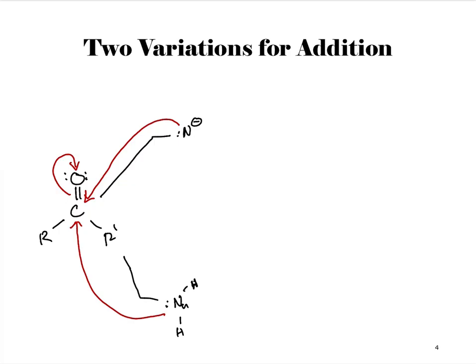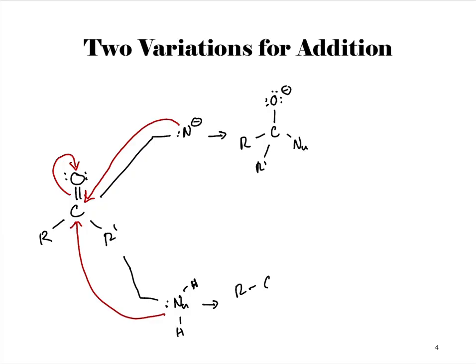And then this generates our intermediate, which is going to be the sp3 hybridized tetrahedral intermediate. I'm not going to draw the dashes and stuff on this one. So here we'll have the minus charge there, and then our nucleophile bonded.